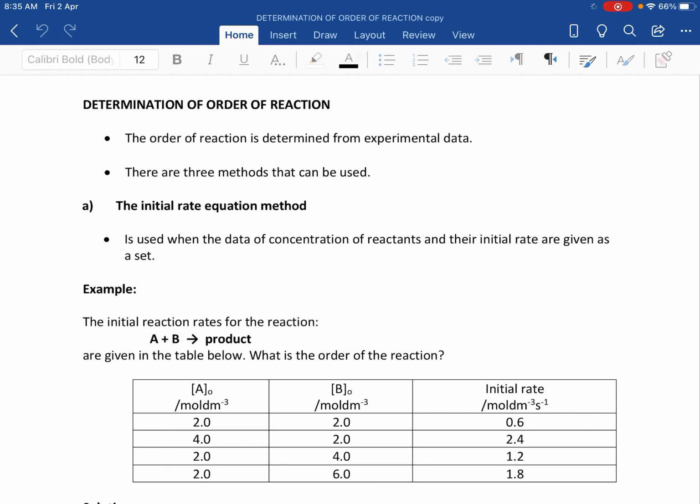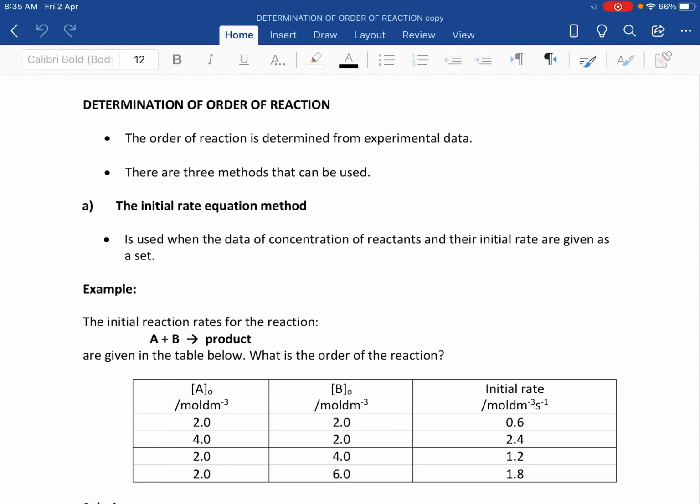Like we have discussed earlier, the order of reaction is determined from experimental data, not from the stoichiometric coefficient. There are basically three methods that can be used, depending on the information that is available and also depending on the requirement in the question.